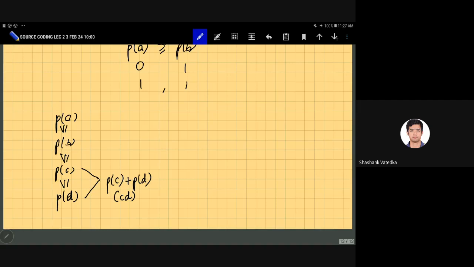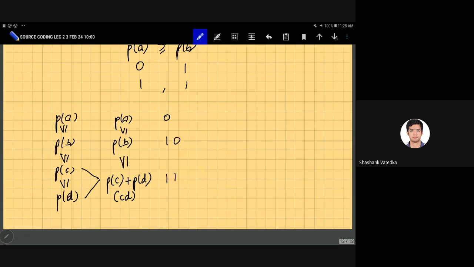Okay, so now I have three symbols, A, B, and CD, with probabilities P of A, P of B, and P of CD. Once we have this, we are down to three symbols, and we know how to construct a good code, right? So if the probability of C plus the probability of D is still less than or equal to the probability of B, then the optimal code words would be 0, 10, and 11.